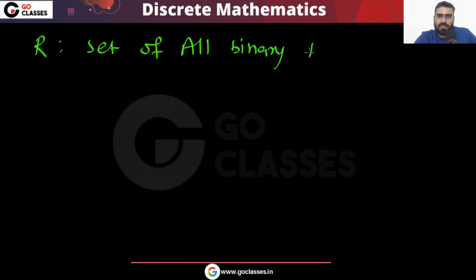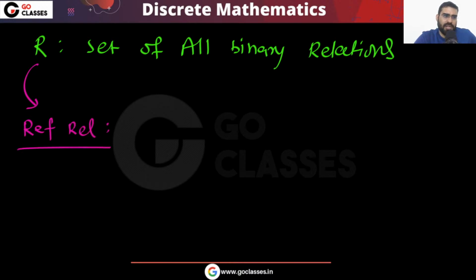This R is the set of all binary relations. In this R, how many relations are reflexive?